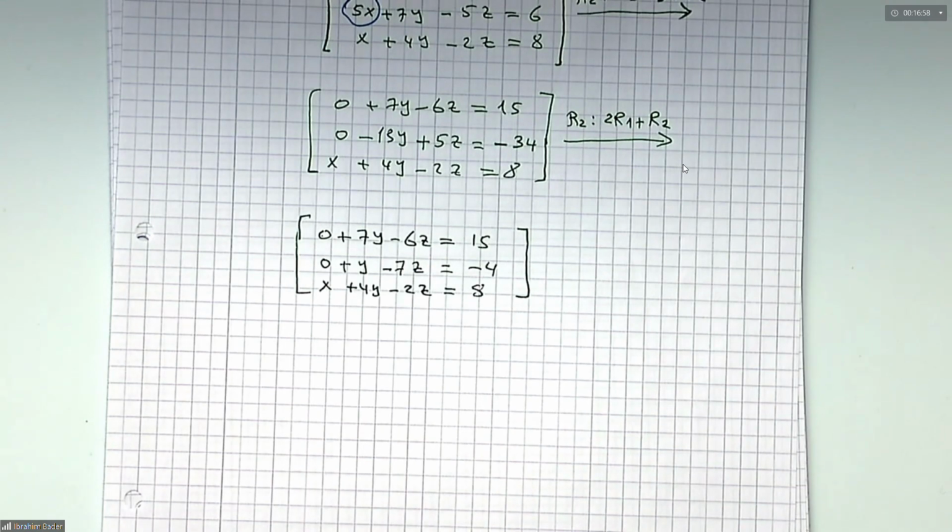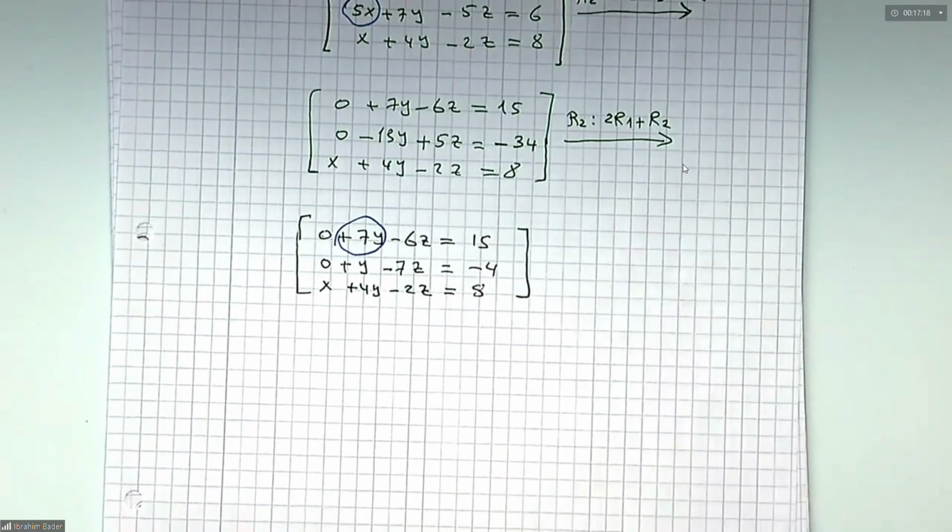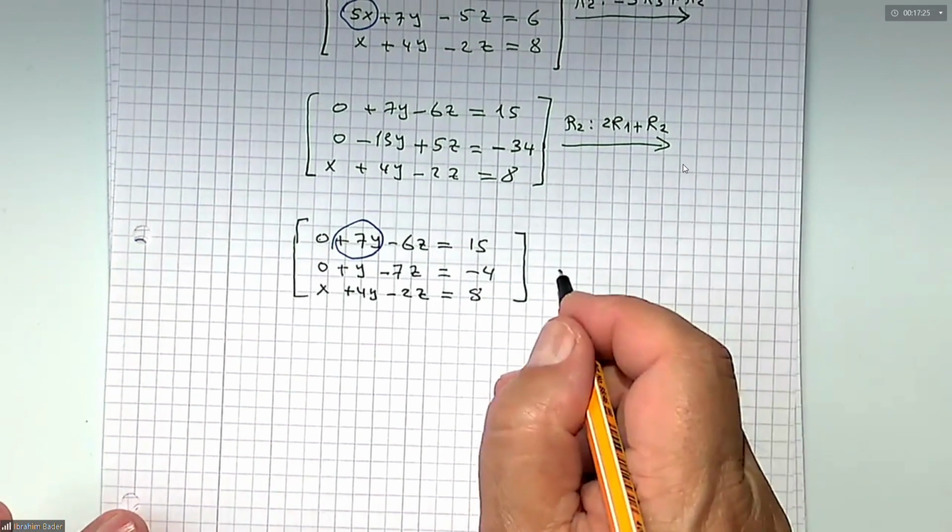Now the next step is to get rid of this 7y here. So obviously I need to multiply the second row.